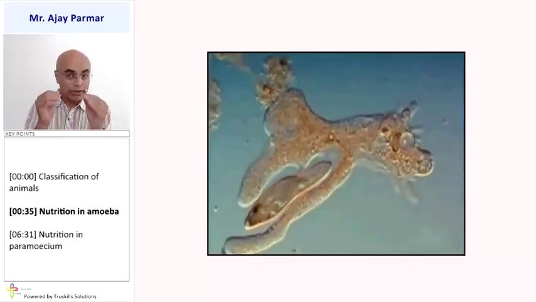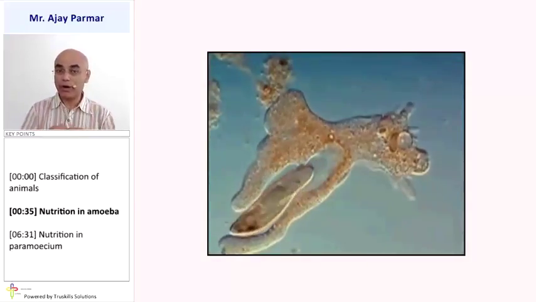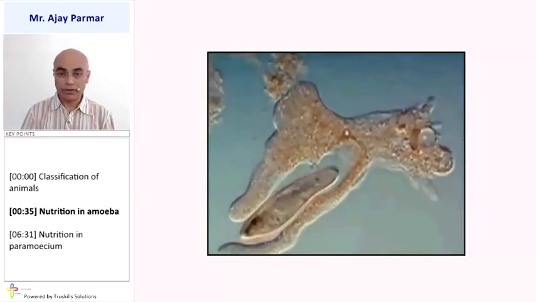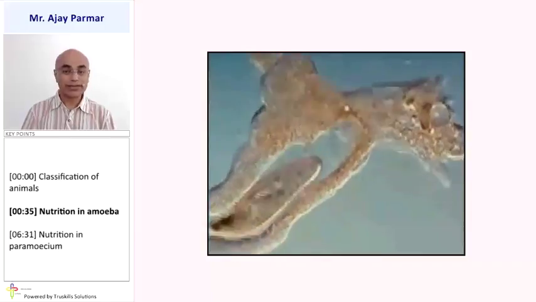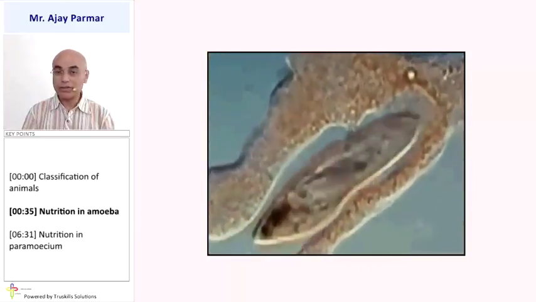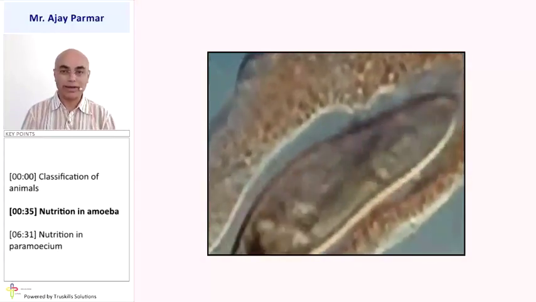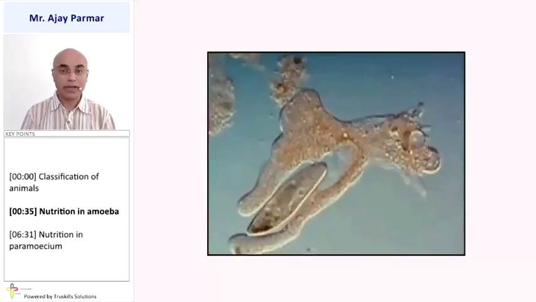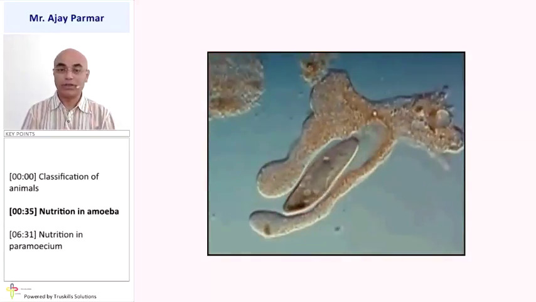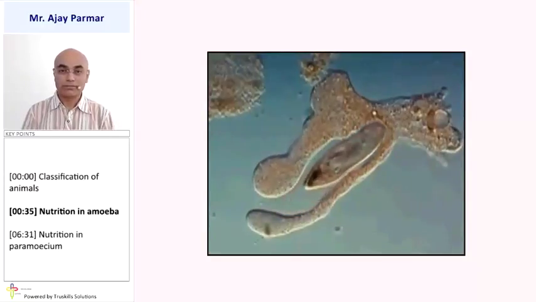Now, slowly and gradually, both the pseudopodia are going to unite together to form a food vacuole. This is a real-time microscopic video that has been downloaded from YouTube, but you can understand the formation of food vacuole very easily by looking at this video. See, now that is the end time of that particular paramecium, and now almost gone.